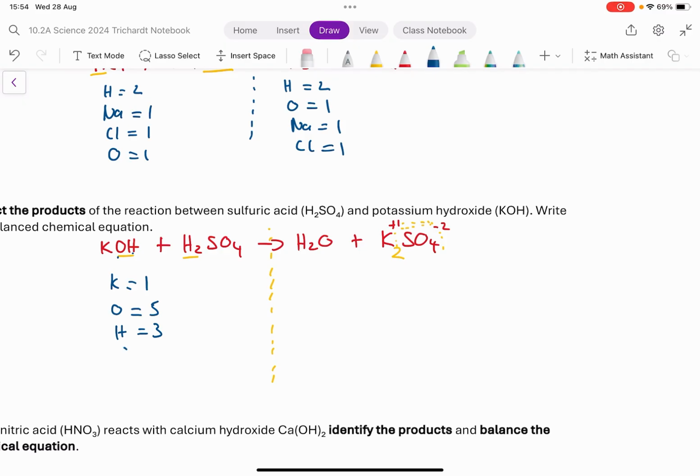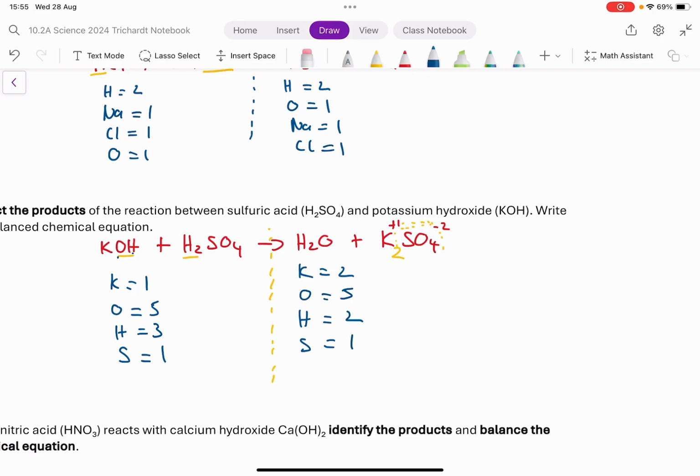And how many sulfurs? I've got 1. Now I'm going to do the same on my right-hand side, on my product side. 2 potassiums. How many oxygens? 1, 2, 3, 4, 5. Hydrogens, I've got 2. Sulfurs, I've got 1.